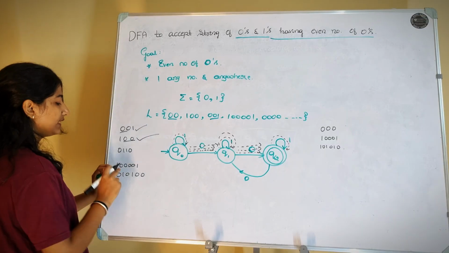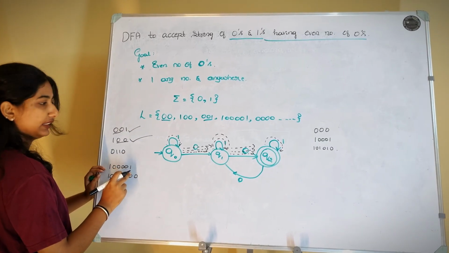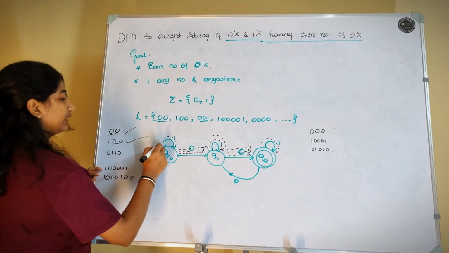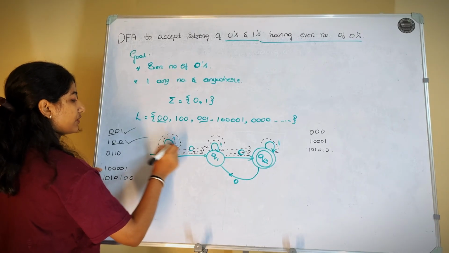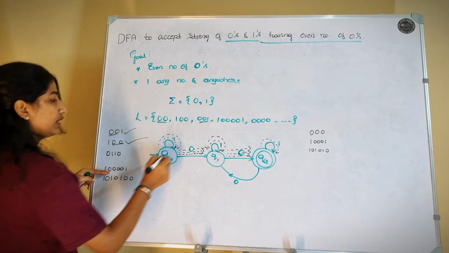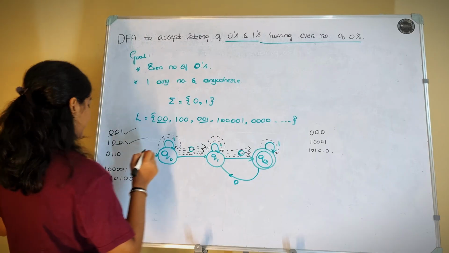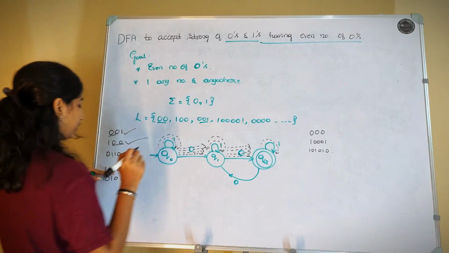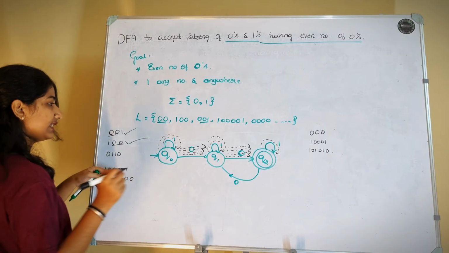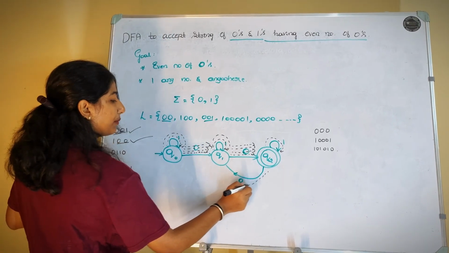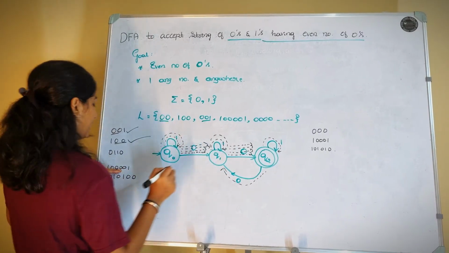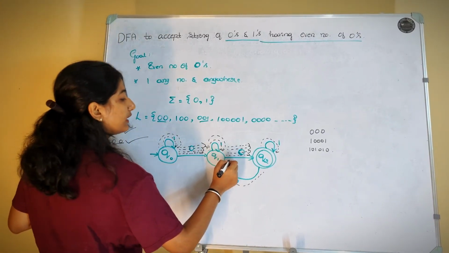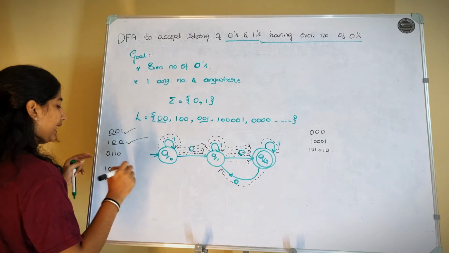Now we have 1, 0, 0, 0, 0, 1. So Q0 on 1, it will remain in Q0 state only. And 0, it is moving to Q1 and again 0 moving to Q2, and again 0, Q2 is moving back to Q1 and 0 again, so Q1 is moving to Q2 and 1.